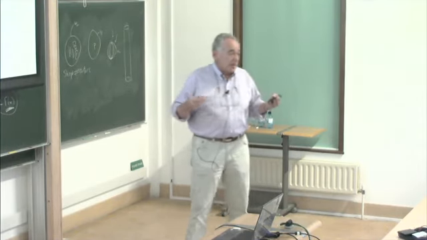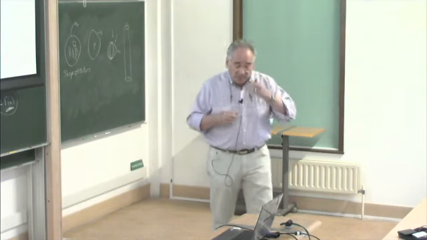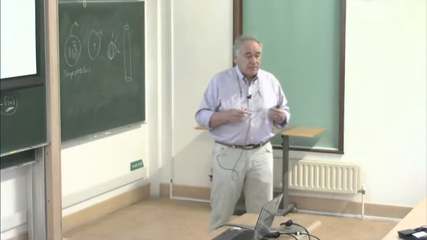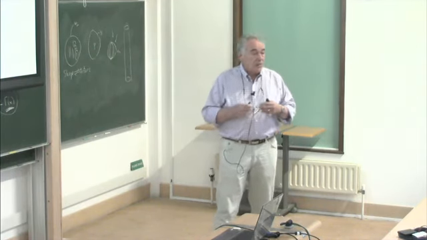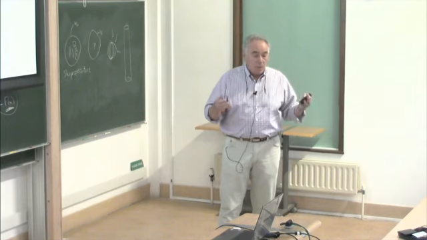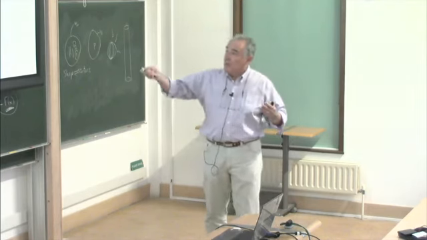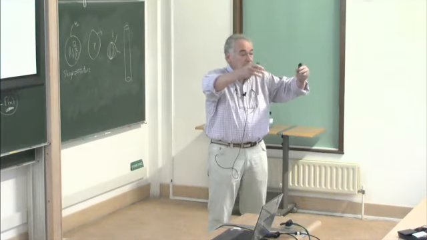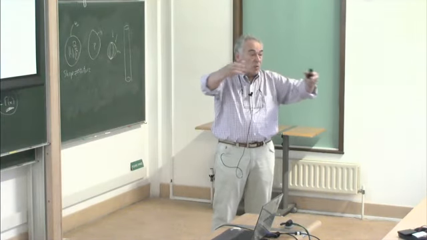nematodynamics. So typically, a lot of people spend a lot of effort trying to understand nucleation and annihilation of topological defects in the flow. That effort still continues. And the problem with these topological defects in complex flows is that you don't know where the annihilation and nucleation appear.